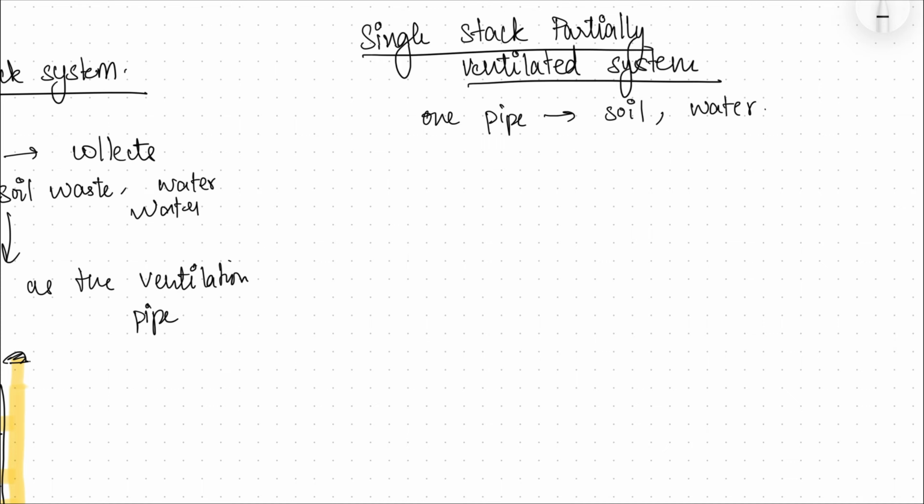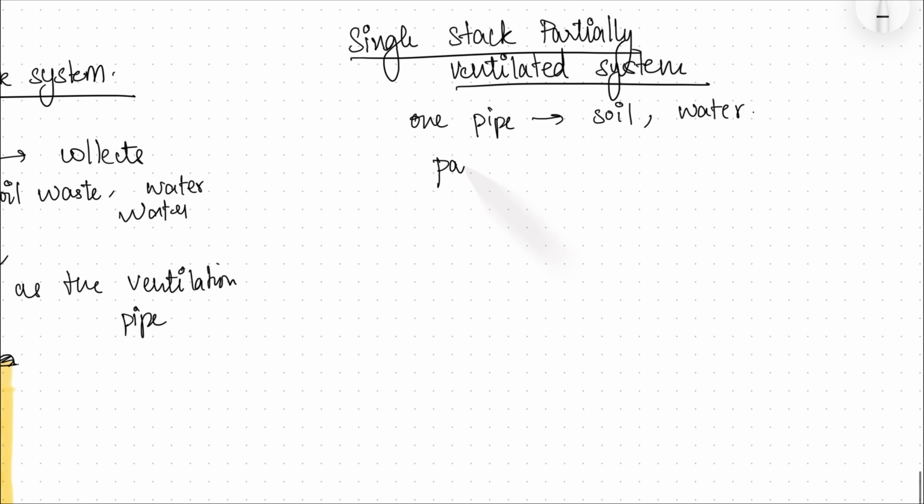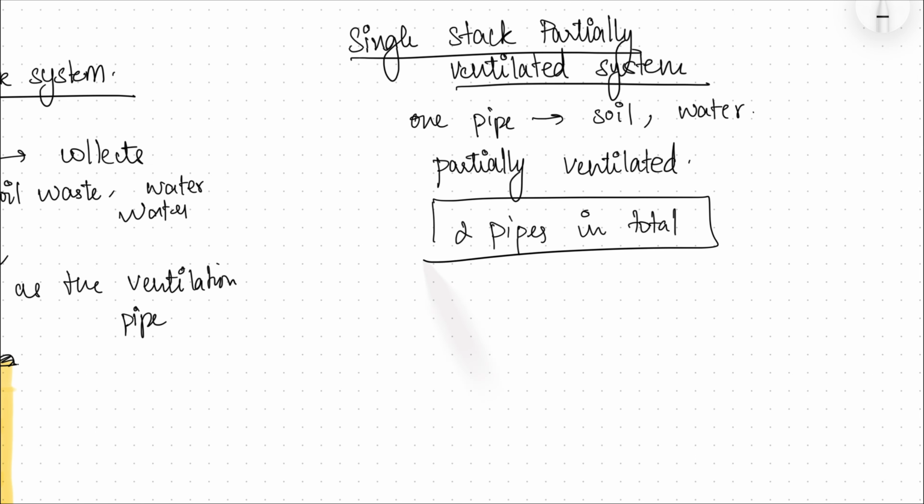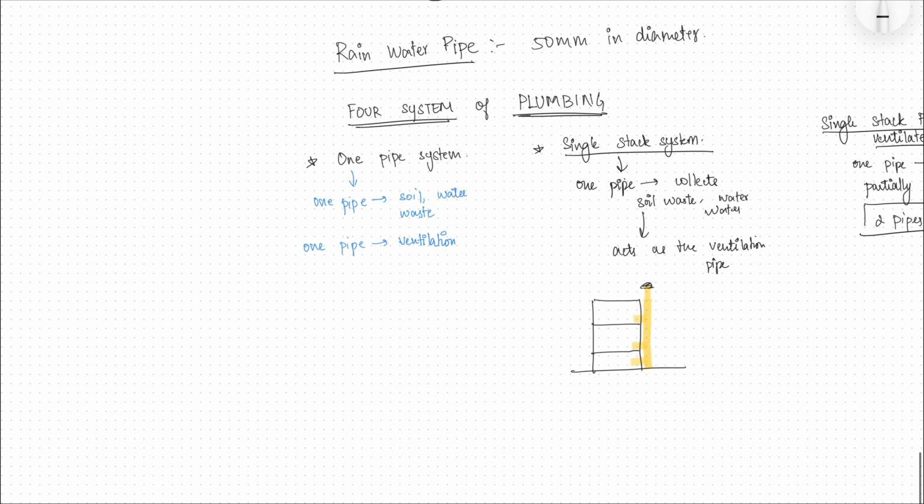So it's partially ventilated. So this again has two pipes in total, just like your one pipe system. One pipe system also has two pipes in total.